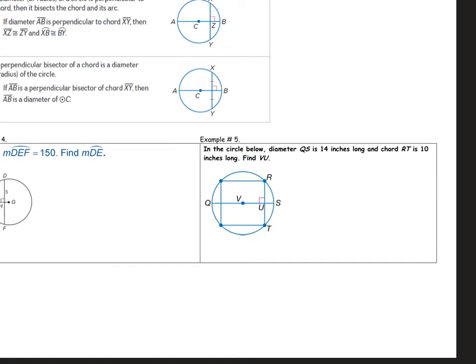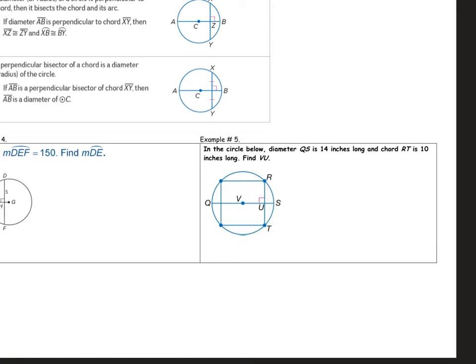Okay, going to page 2 of our notes. We're going to take a look at 2 more theorems here. It says if a diameter or radius of a circle is perpendicular to a chord, then it bisects the chord and its arc.